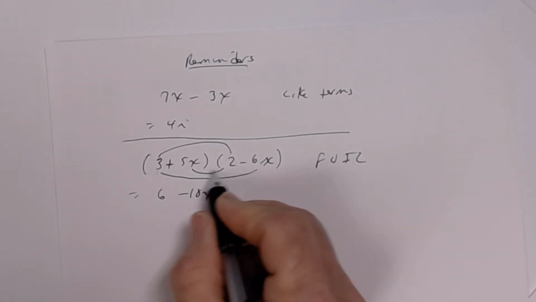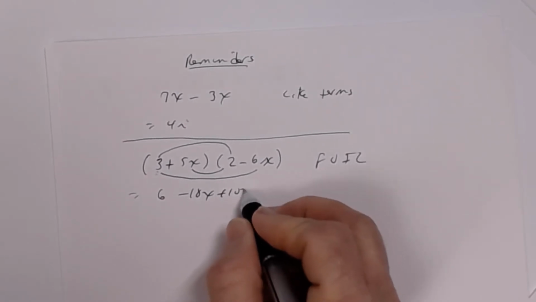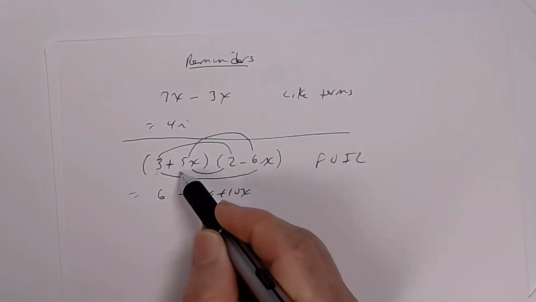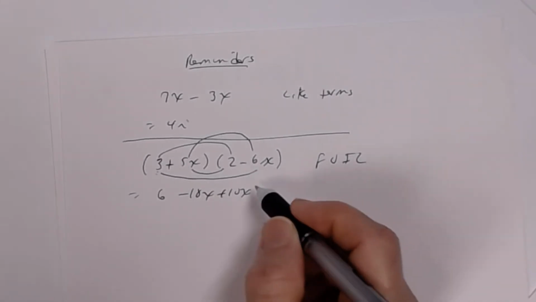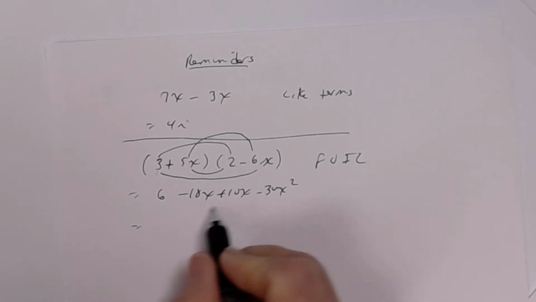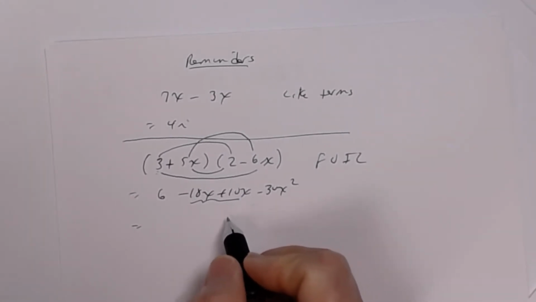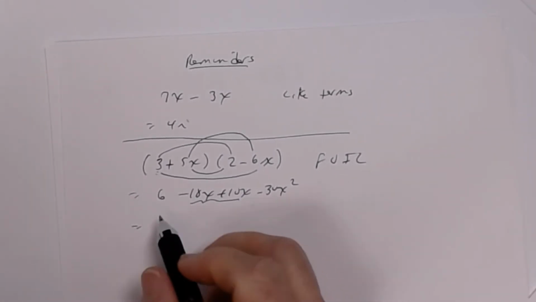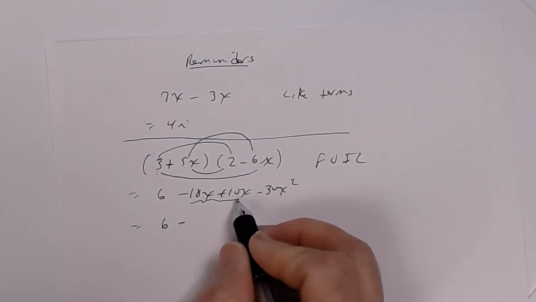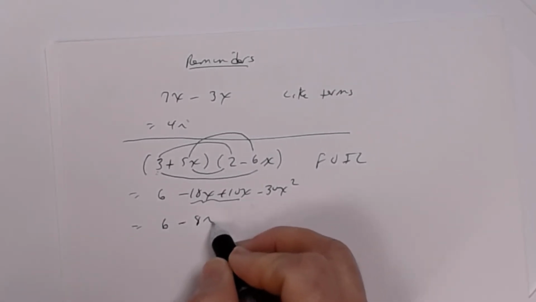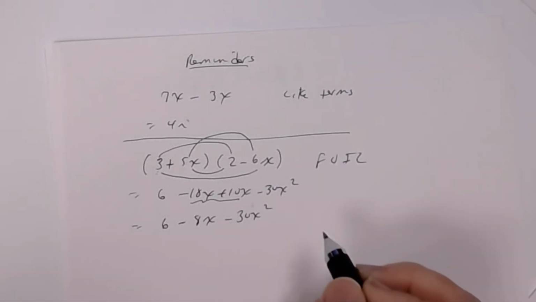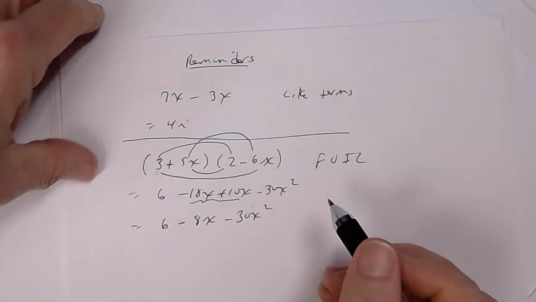The inner, 5x times 2 is 10x. And then the last, 5x times a negative 6x is a negative 30x squared. Then you combine like terms, so your outer and your inner here were like terms. They both contain the variable x. And so you got 6, a negative 18x and a positive 10x is a negative 8x, and then minus 30x squared. Okay? So just remember the FOIL method, and that's what we're going to use here.